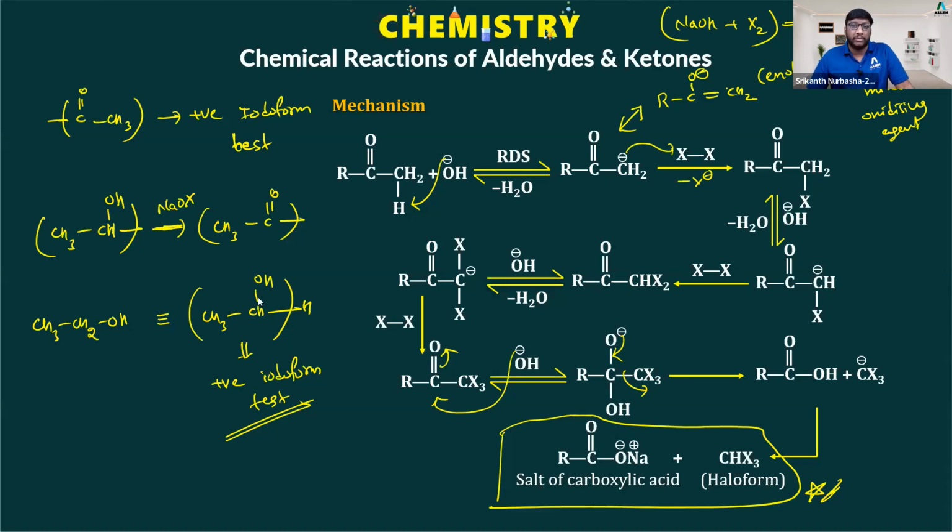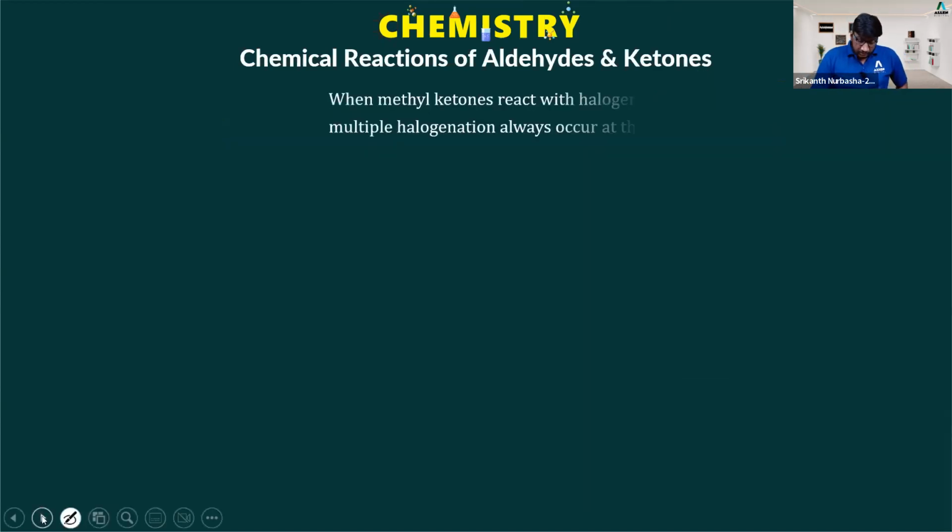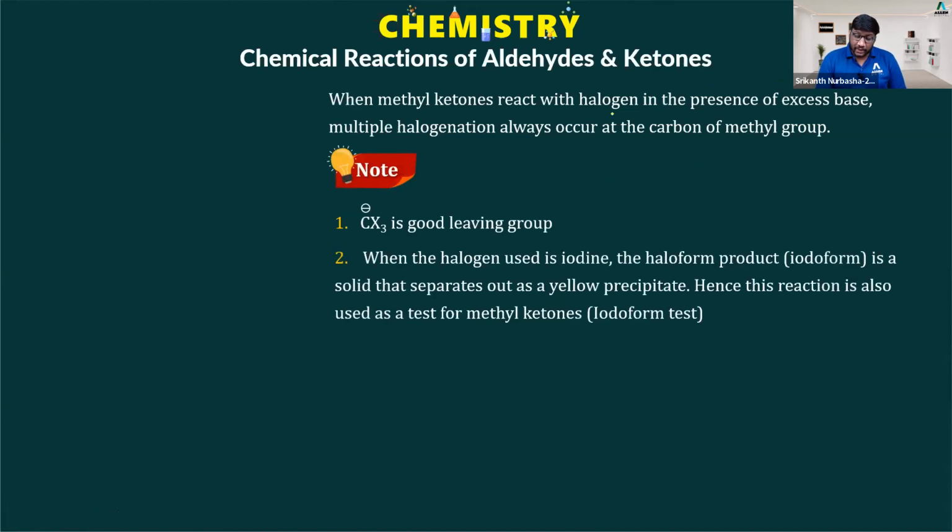And methyl ketones will give positive haloform. Aldehyde means only acetaldehyde will give, because only in acetaldehyde do we have CH3 C double bond O, no other aldehyde will have that group. And alcohols which contain CH3 CHOH. When methyl ketones react with halogen in the presence of excess base, multiple halogenation always occurs at the carbon of the methyl group.